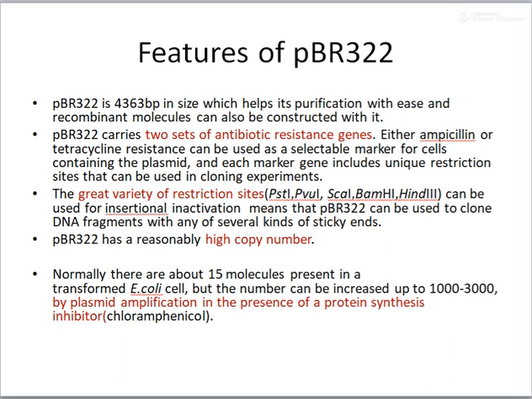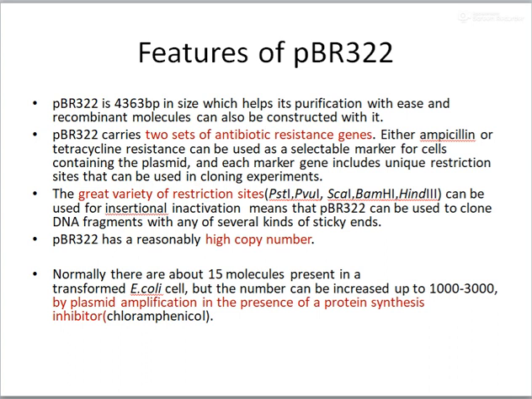What is a copy number? The total number of these plasmids present in a cell is referred to as the copy number. That is, they can be maintained in a very high copy number in a cell by using some techniques. Now, I need to tell you something.